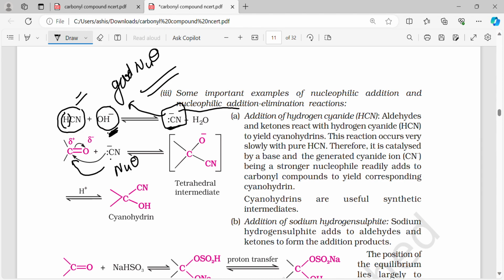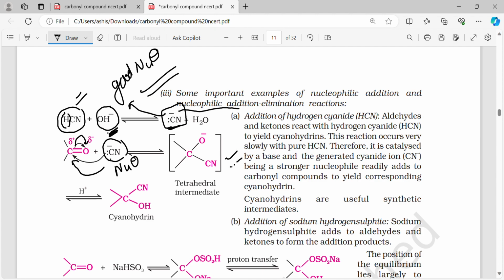Now this CN negative is the nucleophile. In the first step, it attacks the carbonyl carbon, because when we shift the electrons of the pi bond toward oxygen, since oxygen is more electronegative than carbon, carbon acquires partial positive and oxygen acquires partial negative charge.